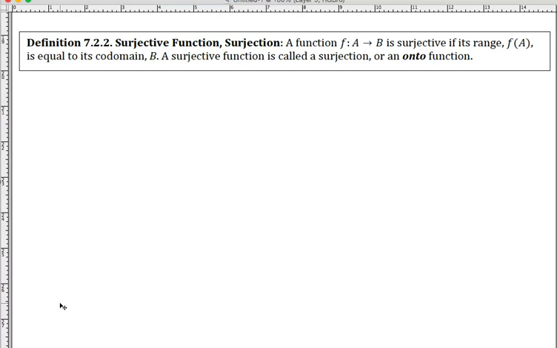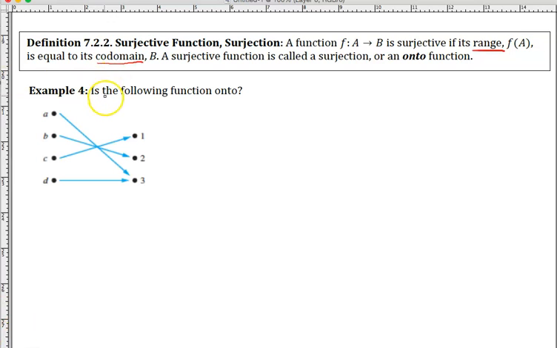Basically, an onto function is a function where the codomain is equal to the range. When you look at all the values of the range, they are all images of elements in the domain. So the whole range is used up. There are no elements in the range that are not images.